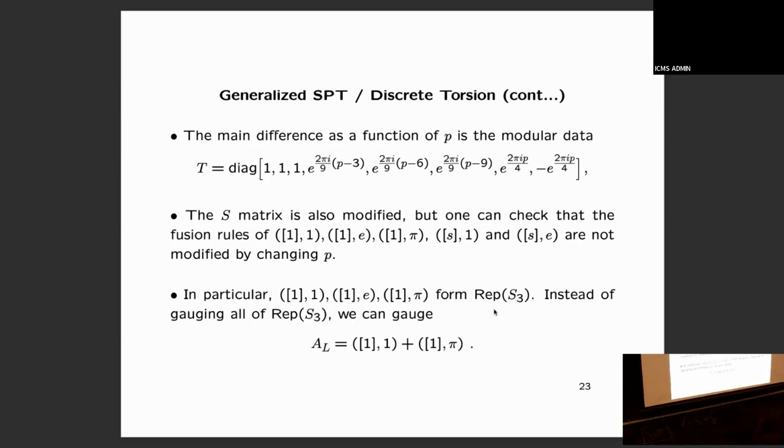These are just different examples of generalized SPT in this case. Basically, you have 6 different examples of generalized SPT. This is a non-invertible symmetry, so this is not classified by the usual H3, but this is a concrete example.